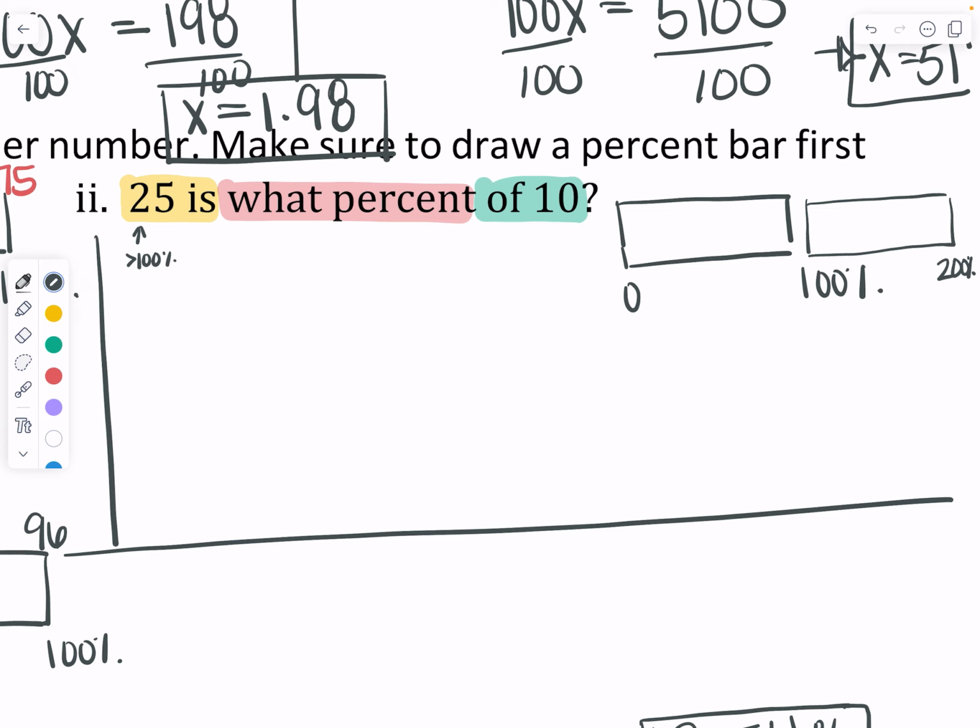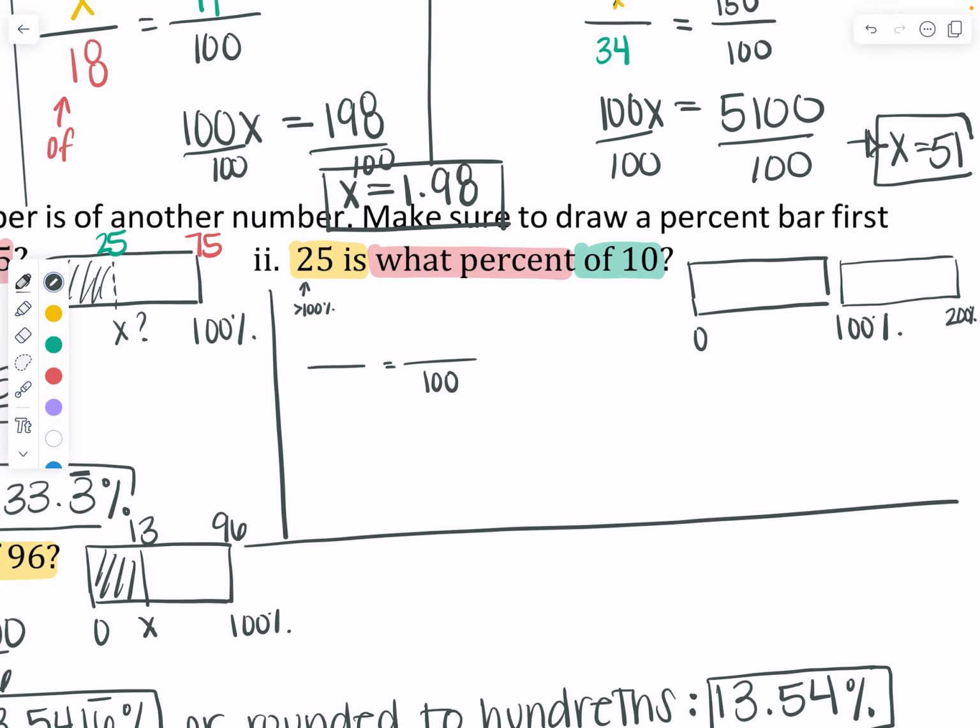And so when I am solving this, "is" over "of" equals percent over 100, the "is" is going to correspond with the part. So the part, which may be here, I truly don't know yet, is 25. The whole is my 10. So the whole, the 10, corresponds with the 100%.